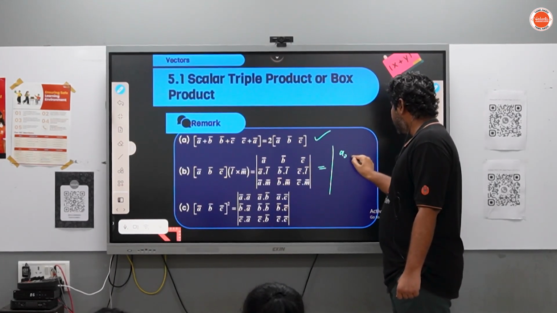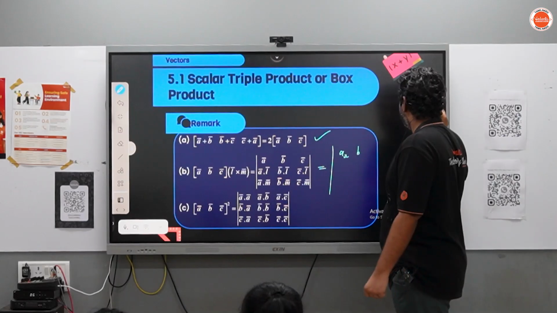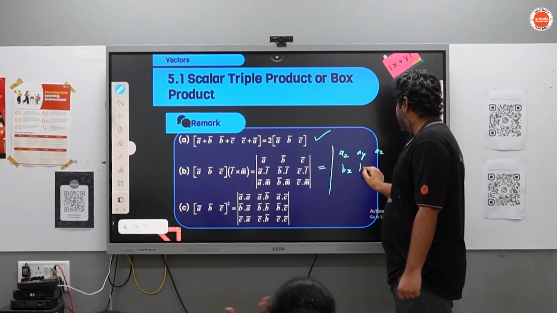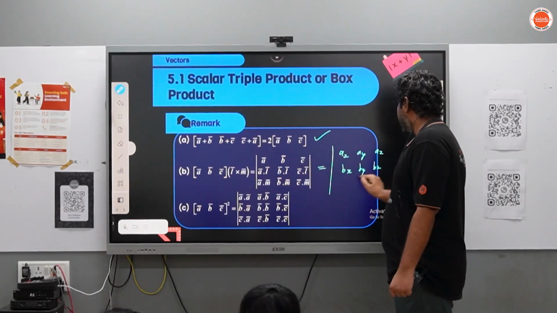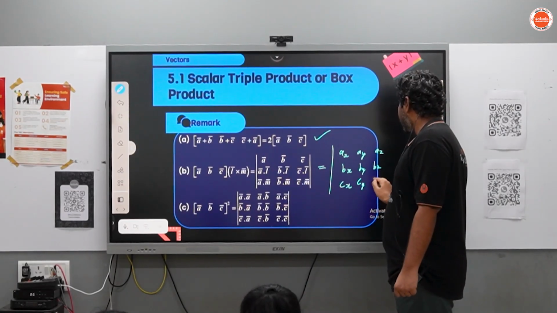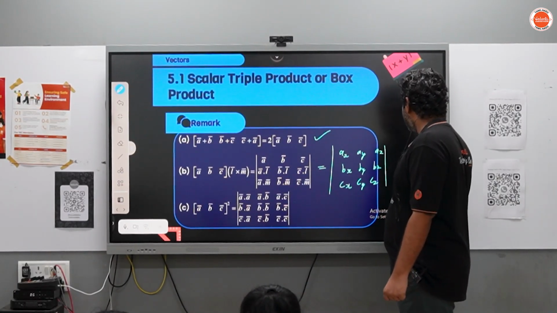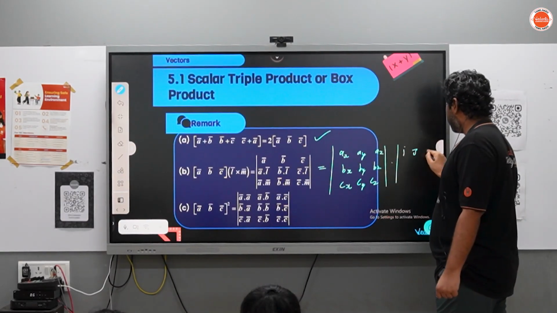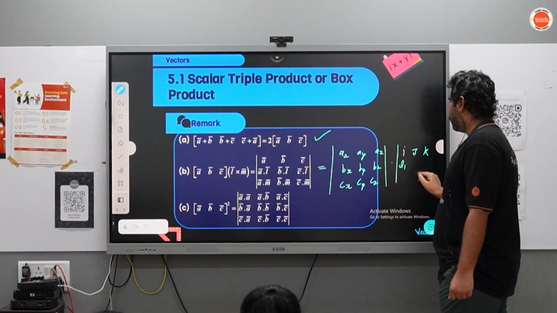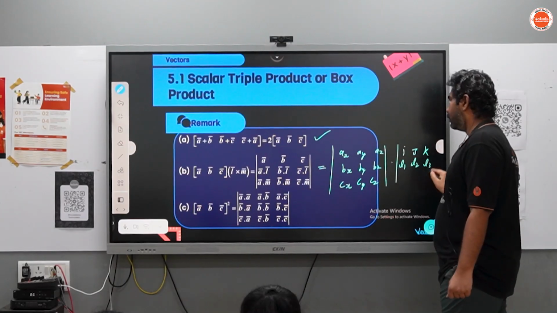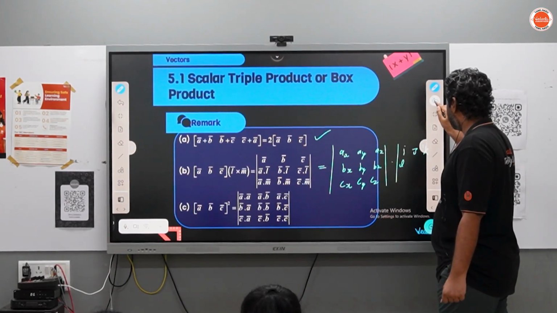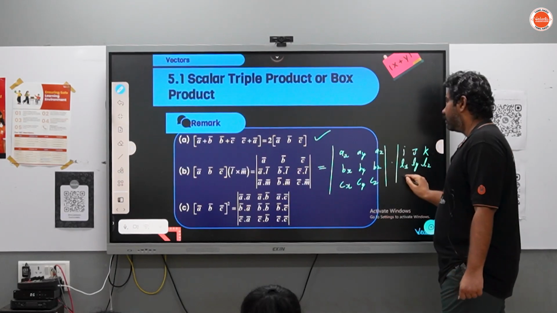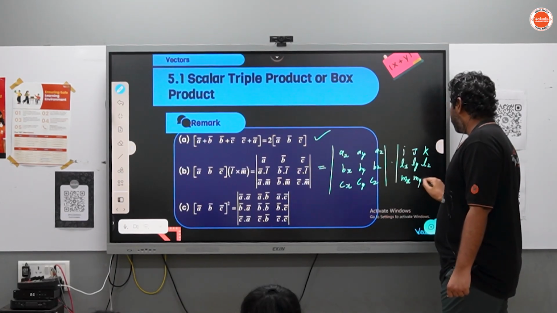It will be the determinant with rows AX, AY, AZ, BX, BY, BZ, CX, CY, CZ, dotted with L cross M, which has rows I, J, K, LX, LY, LZ, MX, MY, MZ.